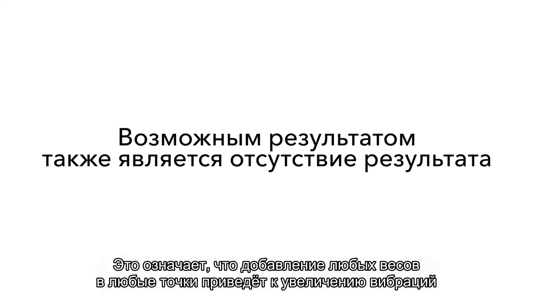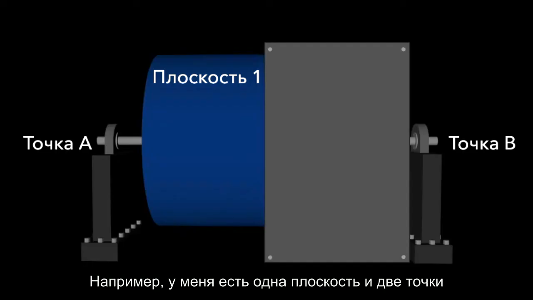The possible result is also no result. It means that adding of any masses in any positions will increase the vibrations. But in real life, you probably will not get this result, but with special theoretical values it is possible. For example, I have one plane and 2 points.